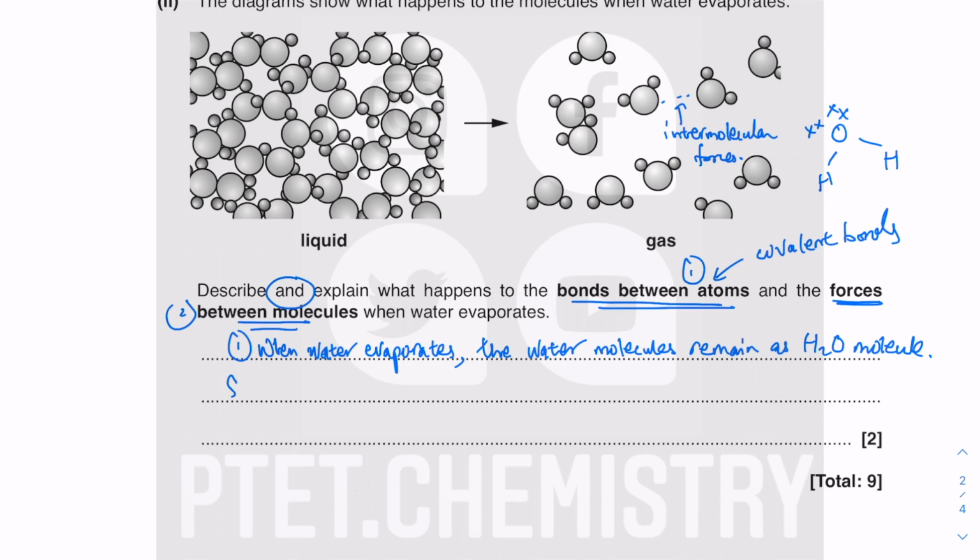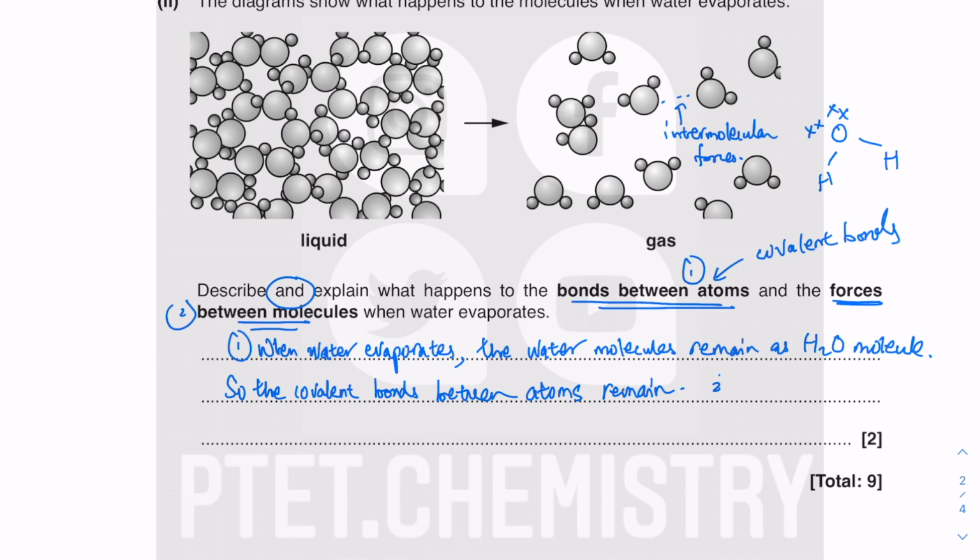So the covalent bonds between the hydrogen and oxygen atoms remain. They are not broken.